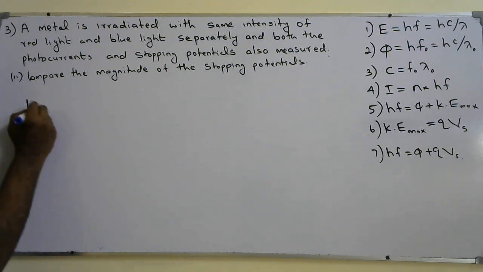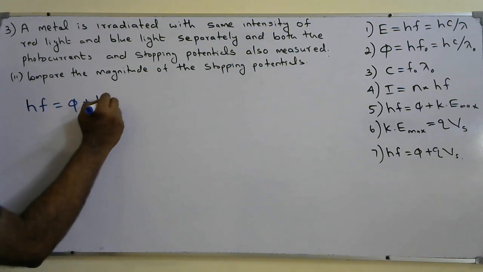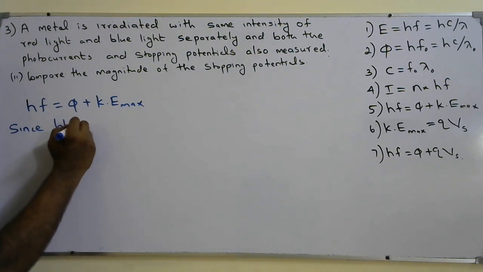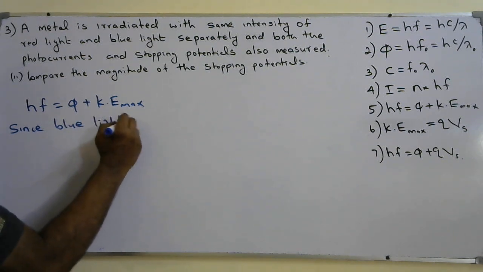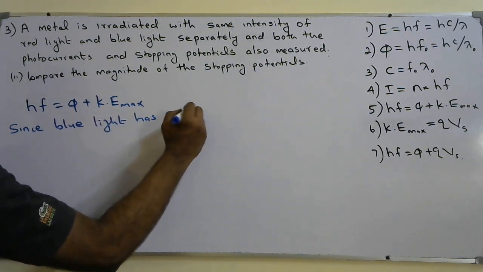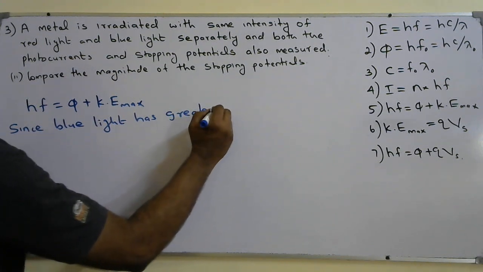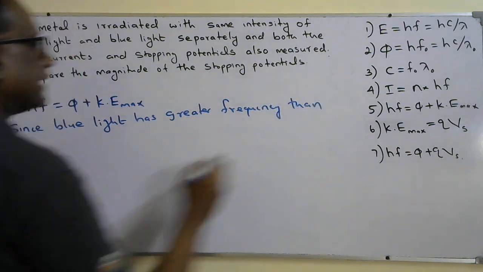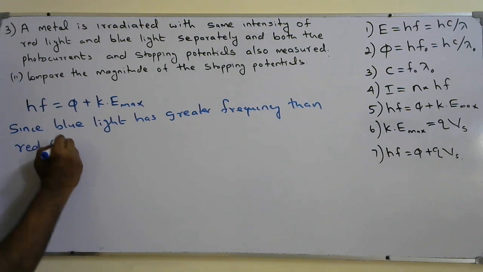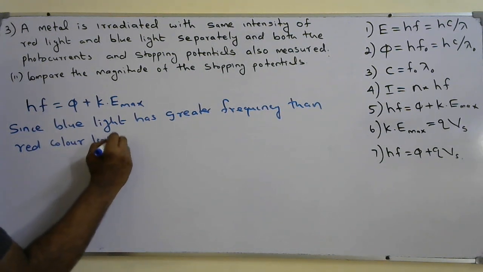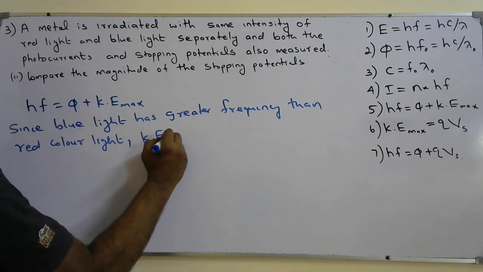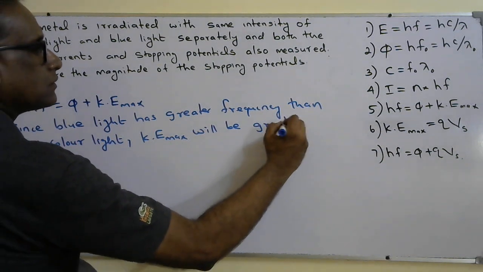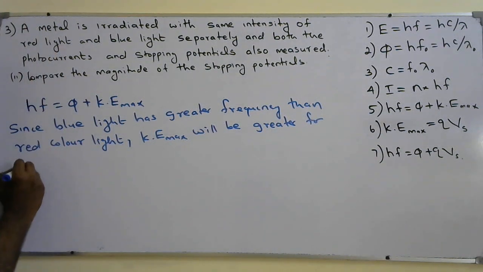So according to hf equals phi plus KE max, since blue color light has greater frequency than red light, KE max will be greater for blue color light.